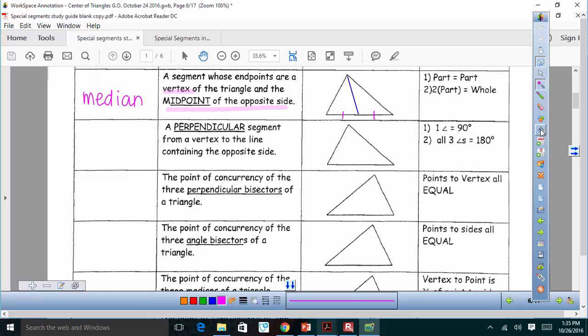Okay. Next one says it is a perpendicular segment from the vertex to the opposite side. So which one only deals with perpendicular or right angles? Altitude. So this one would be an altitude.